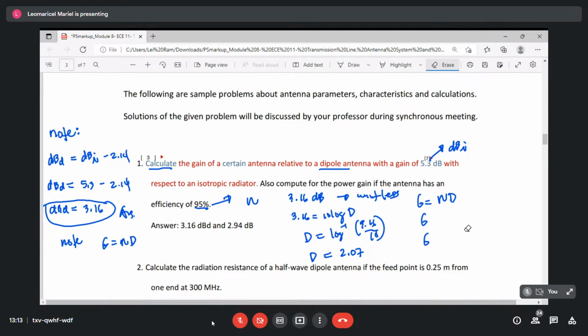Okay? So if it is 2.07, 95% of that will be 0.95 of 2.07. So what is 0.95 of 2.07?